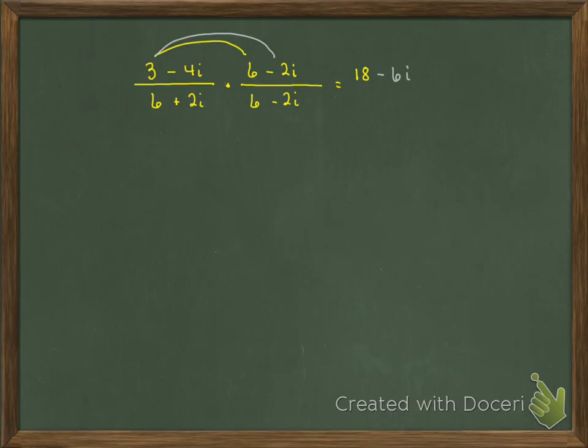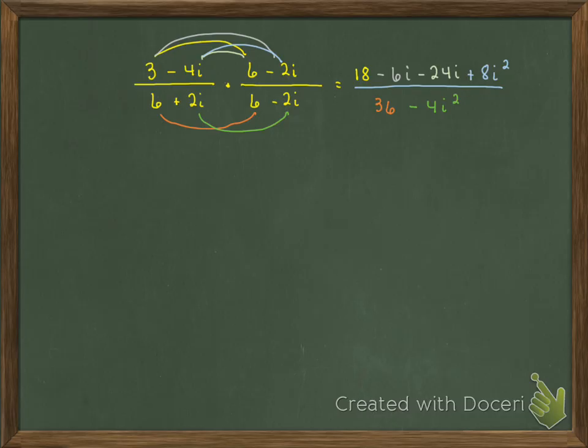Then we'll go into the middles here. -4i times 6 is -24i. And then finally, -4i times -2i is positive 8i squared. Okay, and then we'll deal with that simplifying after we do the denominator here. So the real parts, 6 times 6 is 36, and the imaginary parts minus 4i squared.